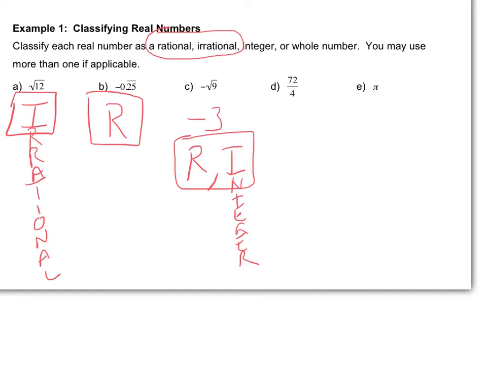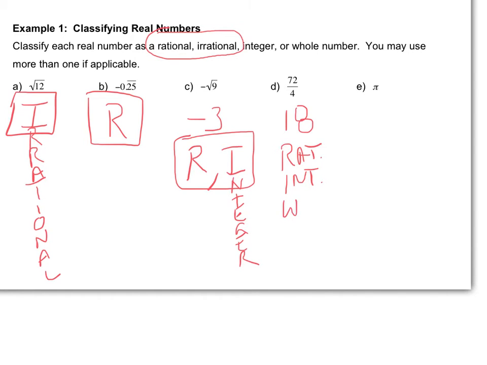So the next one. Well, 72 over 4 can be reduced, and it's definitely a rational number because we can write it as a ratio of integers. 72 over 4 becomes 18. So 18 is rational. It is an integer.